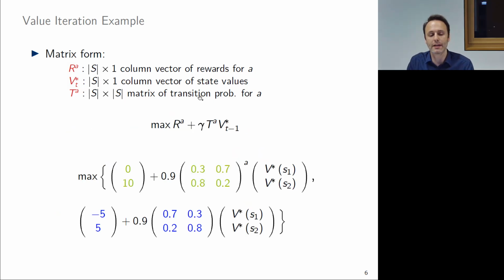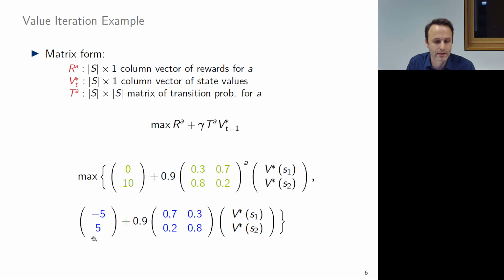Now to calculate those state values, we want to take the max of this reward vector plus the discounted expected future rewards. And so this is going to be this maximum of the action 1 rewards that we get right away in the state, plus the discount factor 0.9 times the transition matrix for action A times this value function of the future.